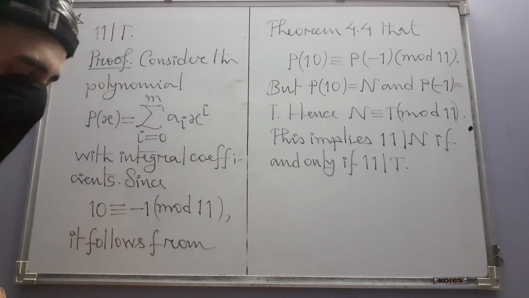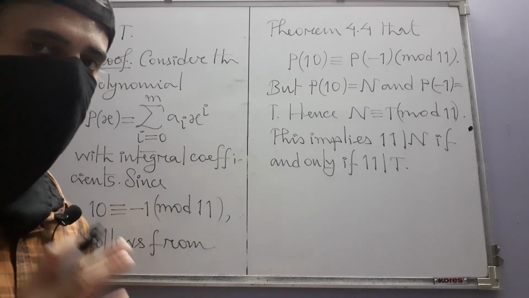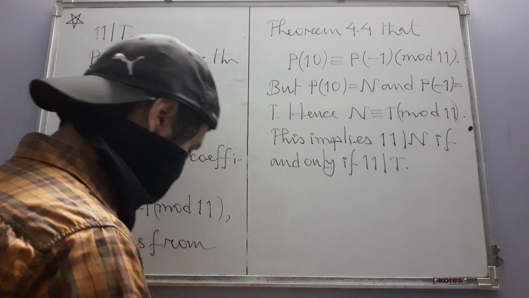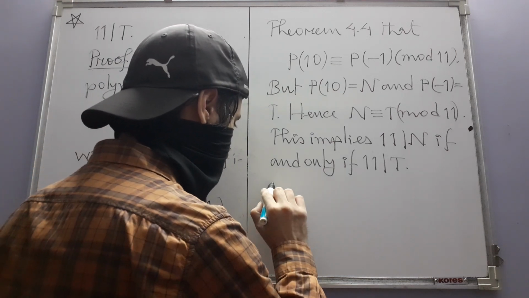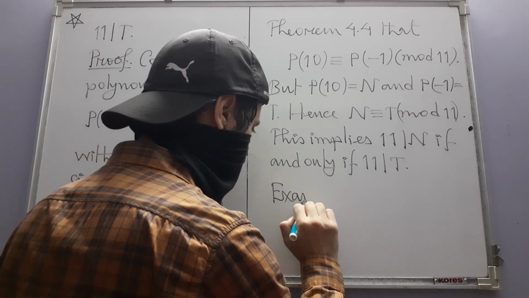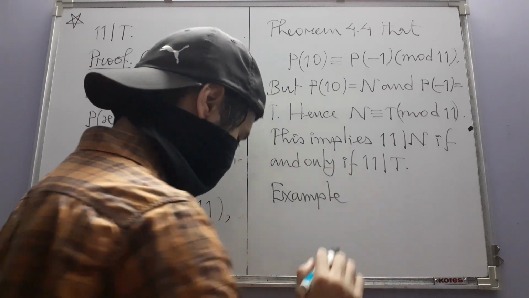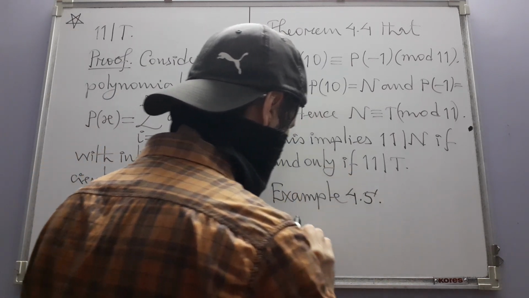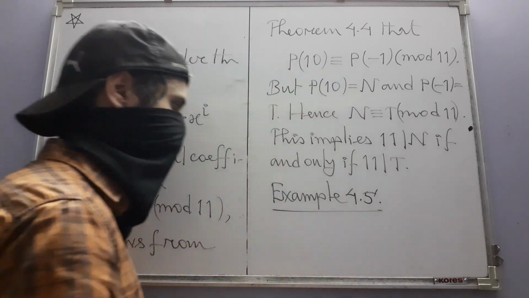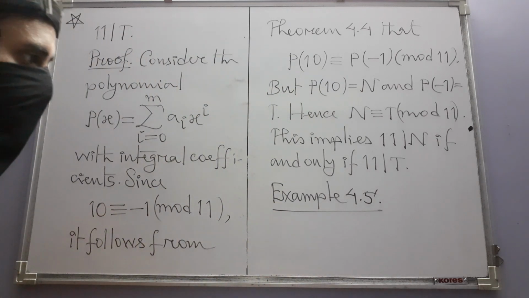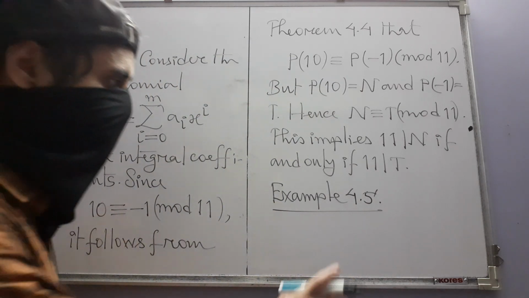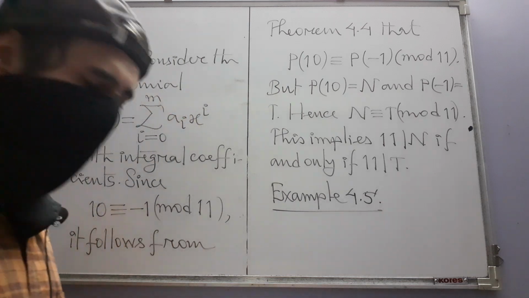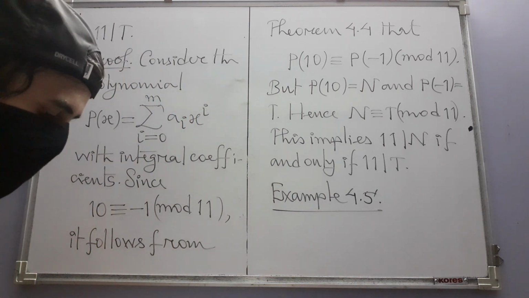Now an illustration finally of these things to an actual concrete number. So this is example 4.5. I don't exactly understand the numbering scheme of the things in this book, but I never tried to understand it either. It's not that important.